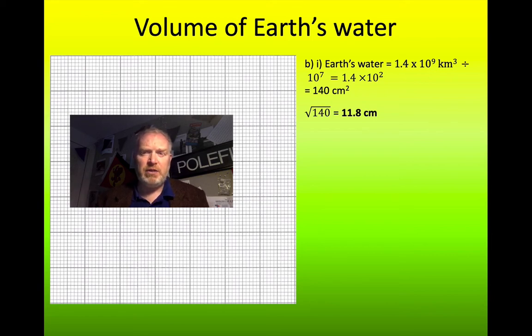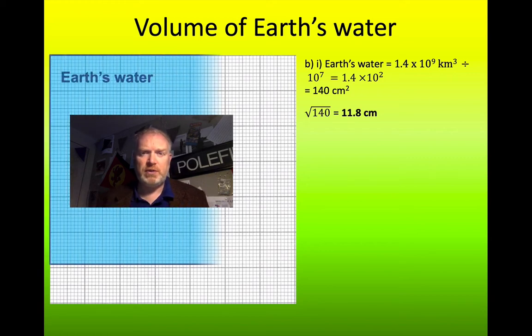Divide that by 10 million. That gives us 140. So 140 square centimetres would represent, at this scale, all the Earth's water. If I want to work out how big the square is, I square root that. So I know that to get a square of 140 square centimetres, I need to draw a square with sides of 11.8 centimetres long. Something that looks like that.